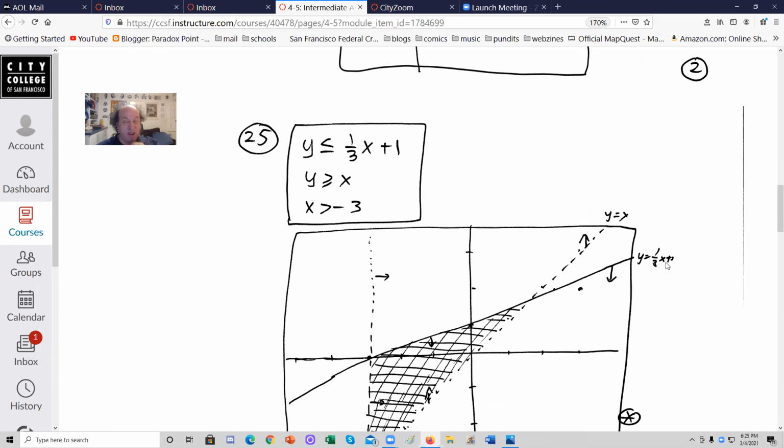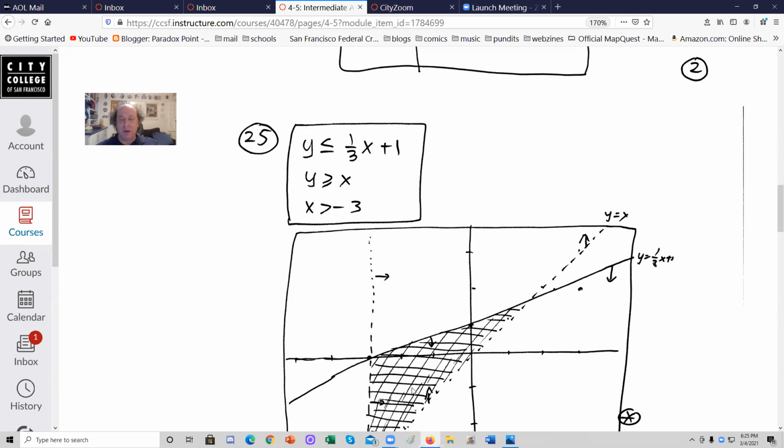Here we have 3 linear inequalities. Y less than or equal to 1/3 x plus 1. That'll be this line here, and it's a less than or equal, so it's a solid line through 0 by 1, with a slope of 1/3. And because y is less than or equal, we want below this line here and here.